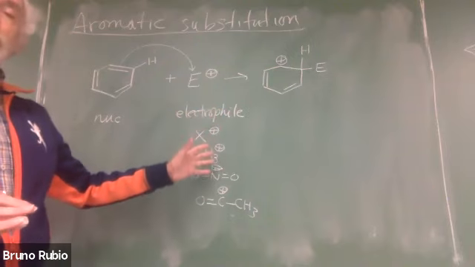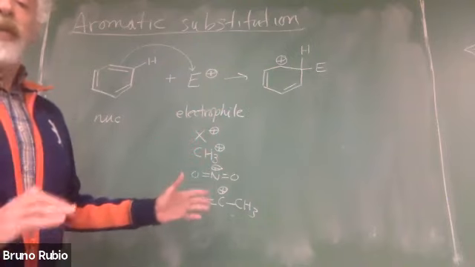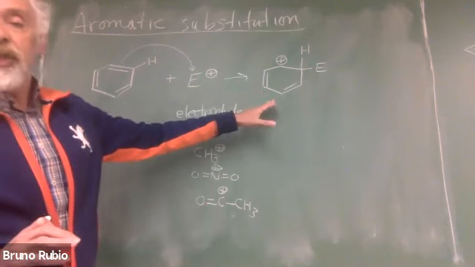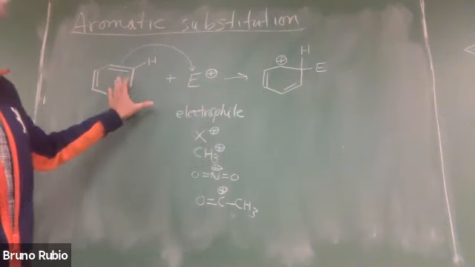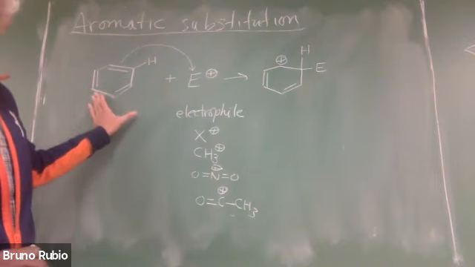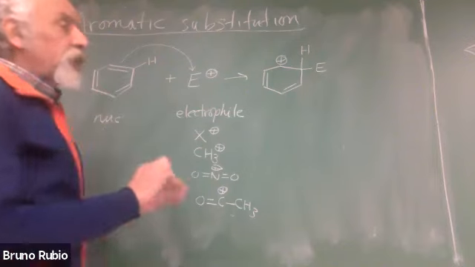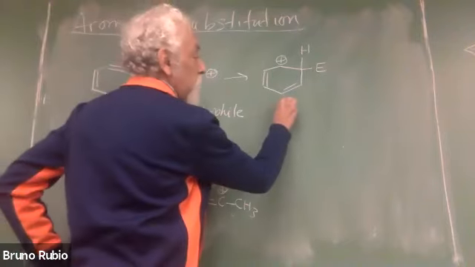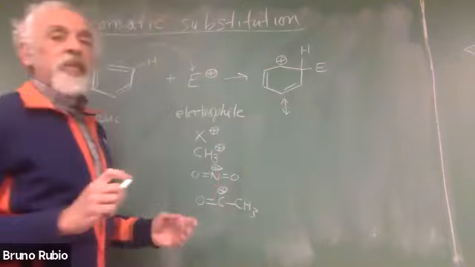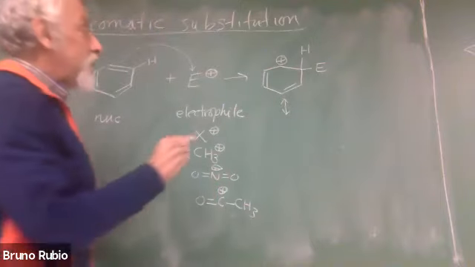So what I've written here is one of the resonance forms of this intermediate. There will always be at least 3 resonance forms that describe this intermediate, but in some of these reactions, depending on the structure of the aromatic ring, you get more. So let's just take a little bit of time to write out the other resonance forms. As I said, there's always a minimum of 3.